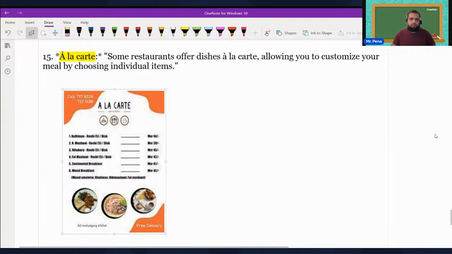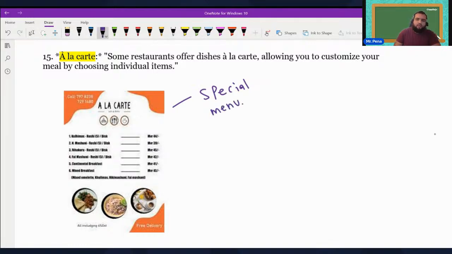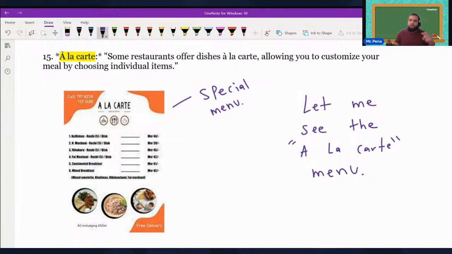A la carte means a special menu. Here's a very simple sentence. Let me see the a la carte menu. Okay.